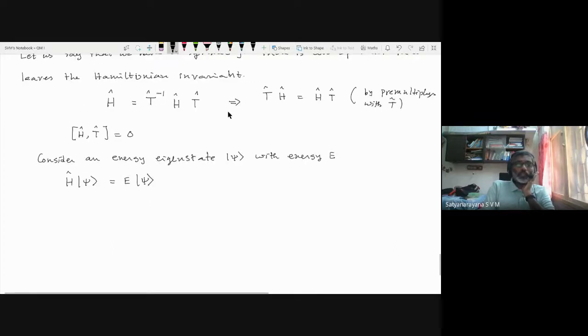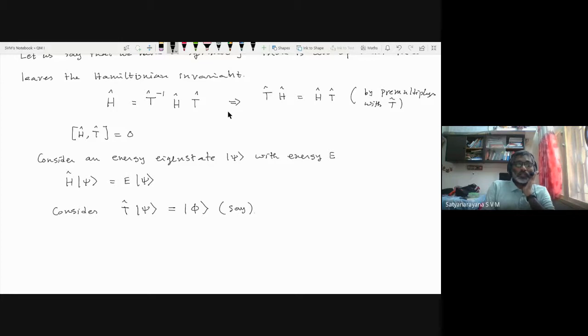Now consider T acting on psi. We don't know what this is, but it is some state, so let us call this phi.